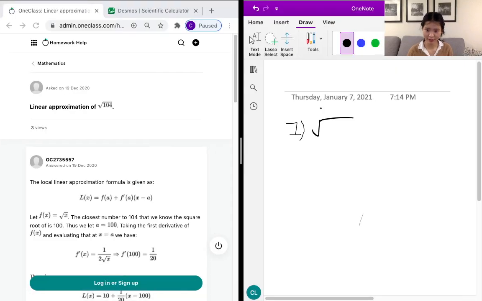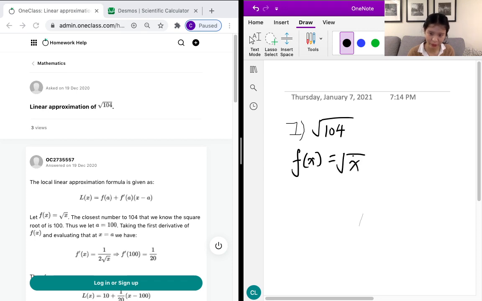Okay, so let's do it. Perfect. So again, we're just finding the square root of 104 using linear approximation. So first, let's find out which function we want to use. Since we're finding the square root of a number, we probably just want to use the square root of x.